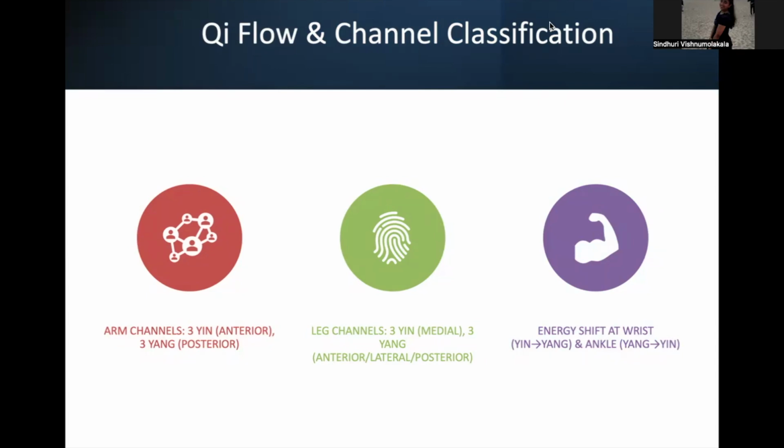The three yin channels are present anteriorly and the three yang channels are present posteriorly. In the leg channels, the three yin channels flow medially and the three yang channels flow anteriorly, laterally, and posteriorly.